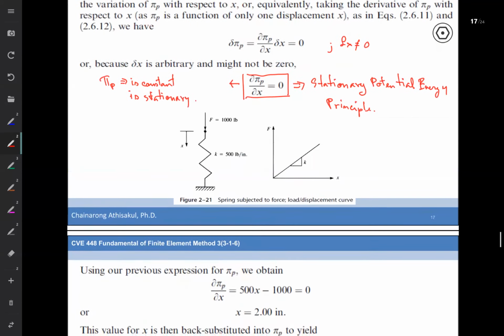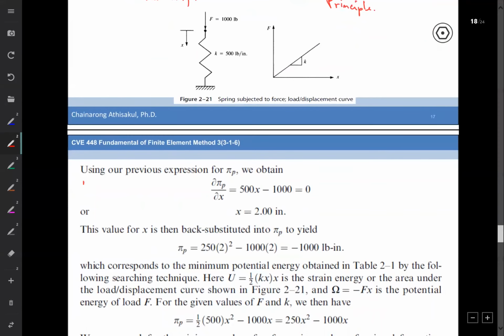take the first derivative of this equation to minimize the potential energy, which is a half kx squared minus fx. So the first derivative of pi with respect to x, we obtain this equation.